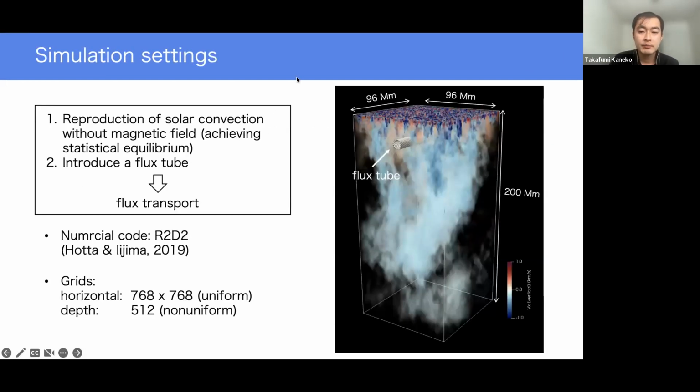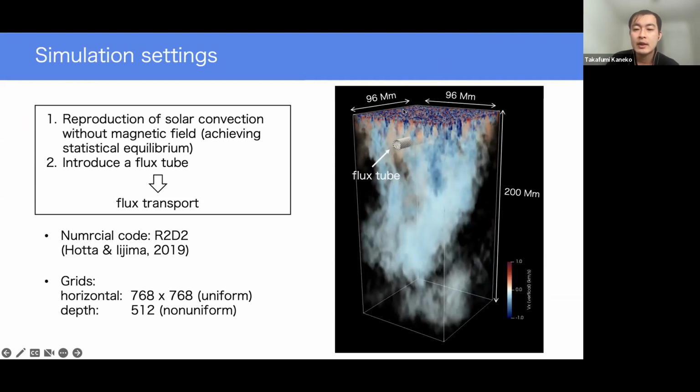Okay, so I will explain the numerical setting. At first, we reproduced the solar convection without magnetic field, and we wait until statistical equilibrium is achieved. We set the local simulation box with this size. The horizontal size is 100 megameter, which is the typical size of a supergranulation.